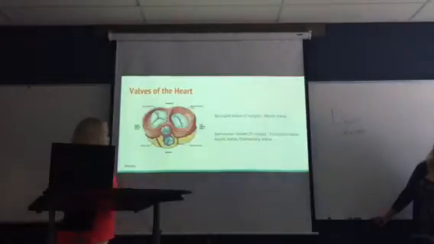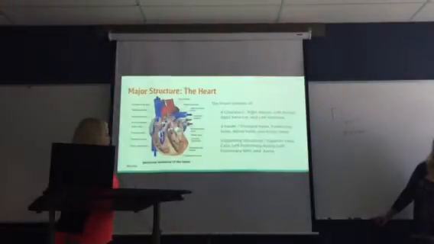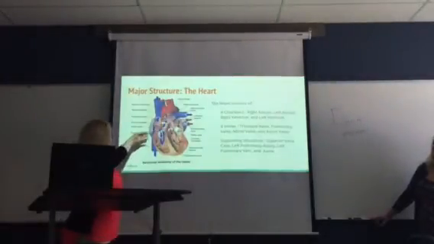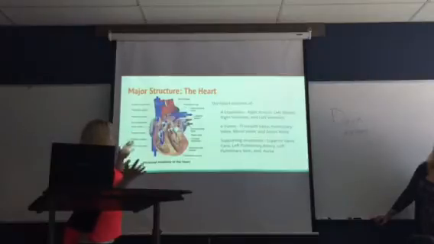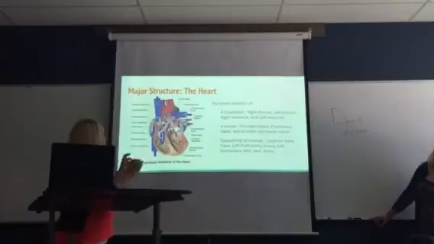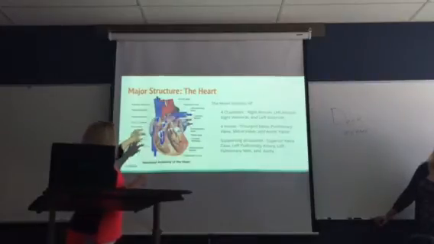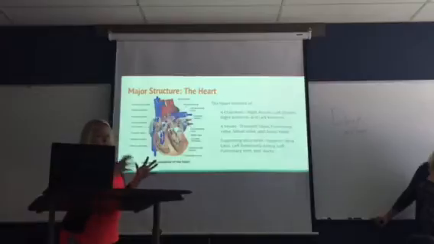For each of these structures, your right atrium, pretty much all of the blood is dumped into your right atrium, and that is the receiving component of that from the body. Your right ventricle, the main function is to pull the blood from the right atrium, and then it is pumped into the lungs when the heart contracts.